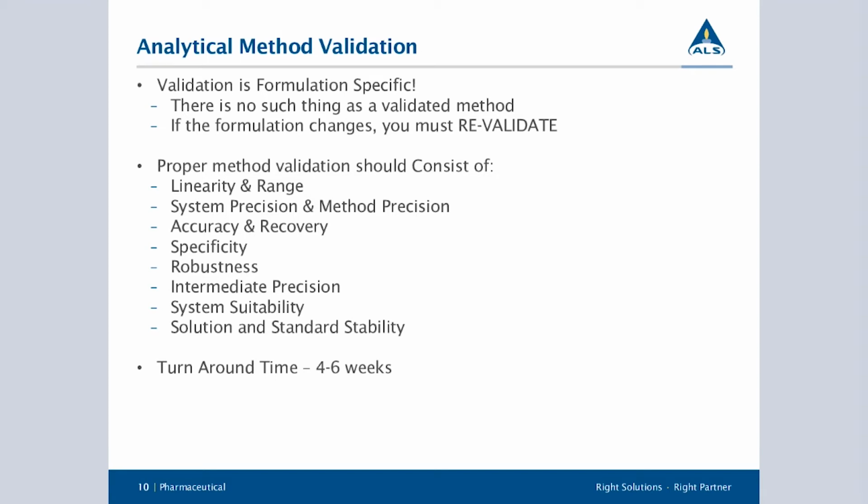It will need its own validation, and validations need to consist of all of the parts of a typical USP validation. So every single sunscreen, it's a different drug, and that's how the FDA sees it.